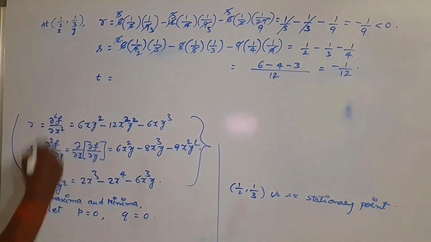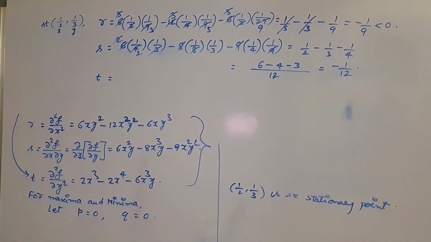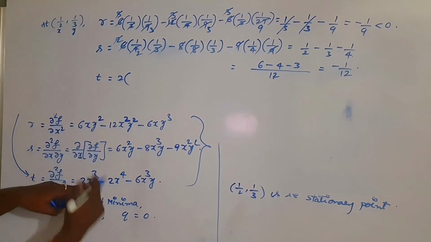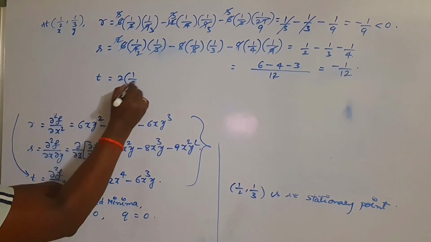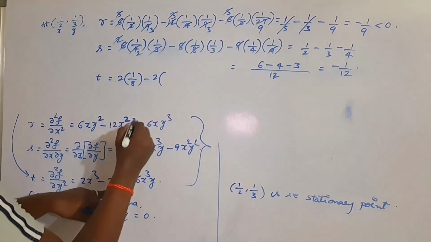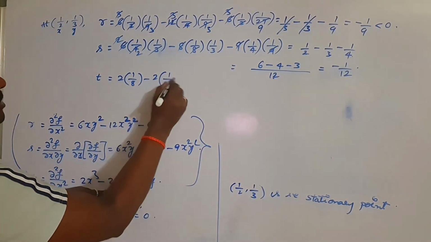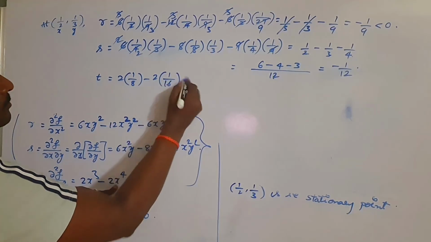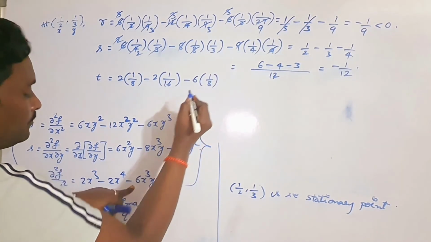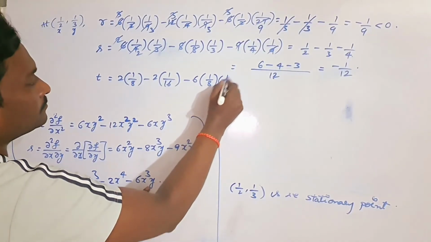In a similar way, we have to find out the T value now. See, 2 into x cube. x means 1/2, so it would be 1/8. Minus 2 into 1/x power 4, so 1/2 power 4, it is 16. Minus 6 into 1/8 into 1/3.